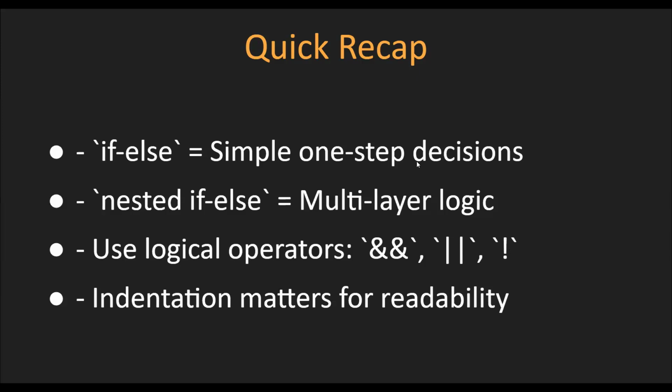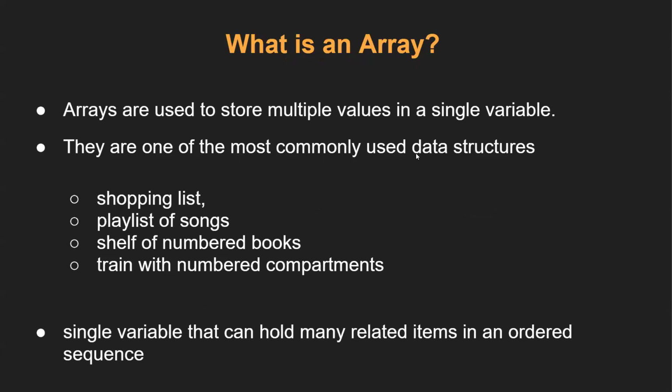So what is an array? Arrays are used to store multiple values in a single variable. Take an example like a shopping list, a playlist of songs, numbered books organized properly on a shelf, train numbers.